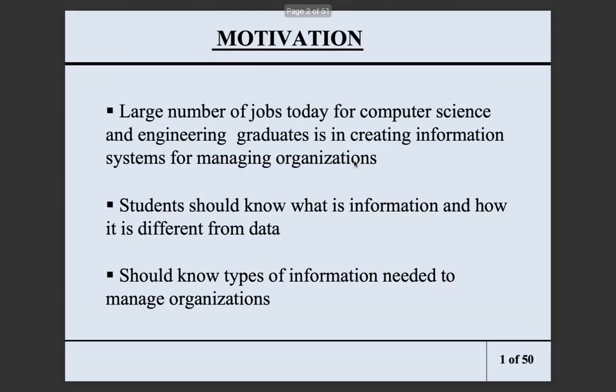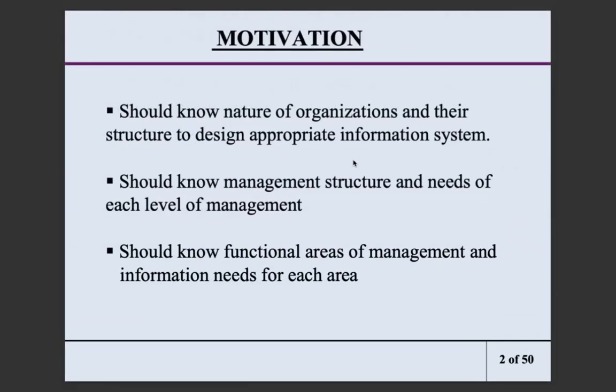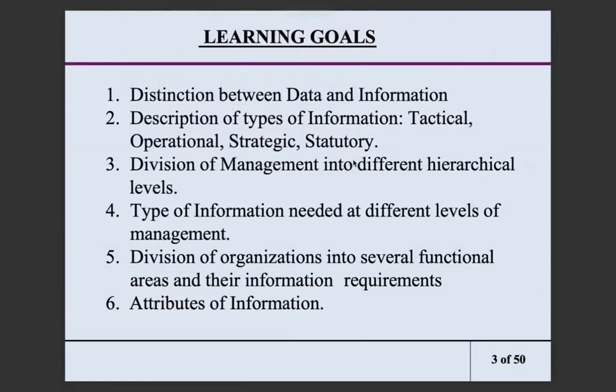I have mentioned a few motivations here. At the end of this lecture, you will be able to achieve the learning goals. Once you complete this module, you will be able to identify the distinction between data and information, and describe the types of information, whether tactical, operational, strategic, or statutory. Likewise, these are a few learning goals.